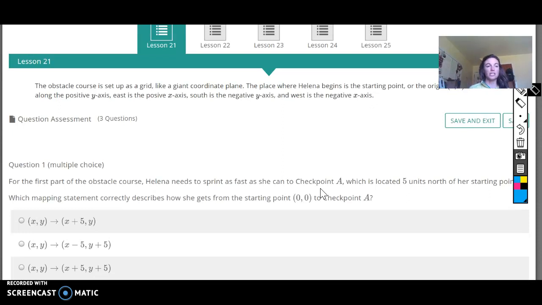So, first question is, for the first part of the obstacle course, Helena needs to sprint as fast as she can to checkpoint A, which is located 5 units to the north of her starting point.